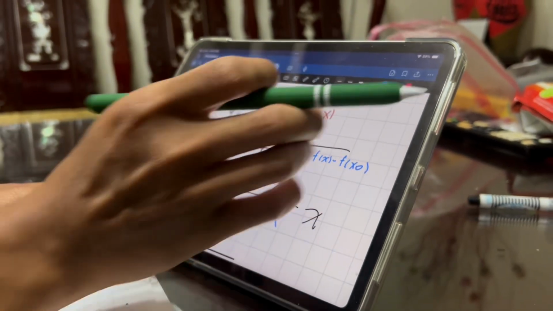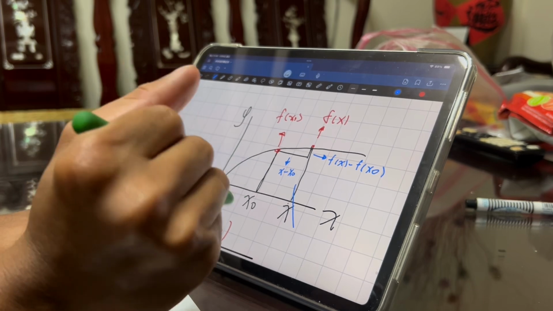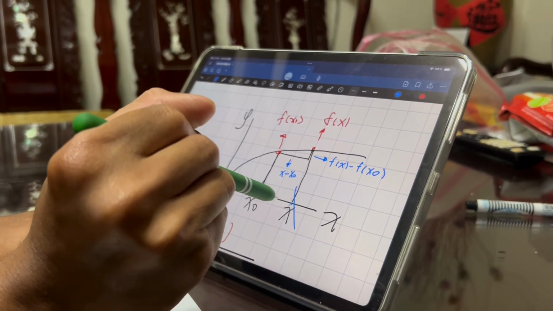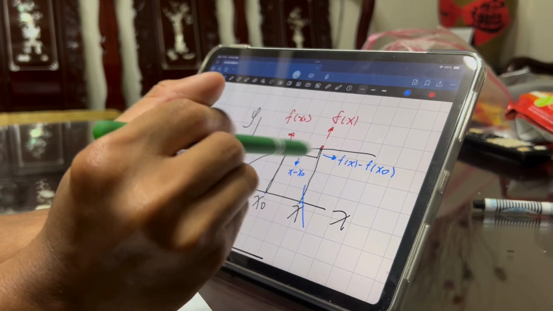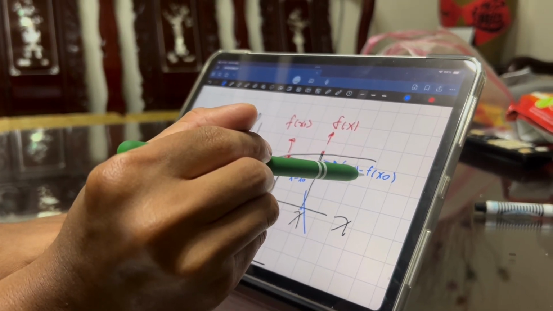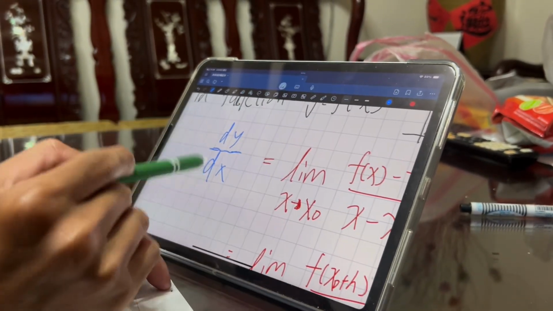Like in this graph, when x is closer to x0, f of x minus f of x0 gives the dy over dx.